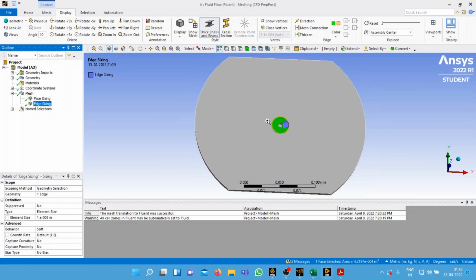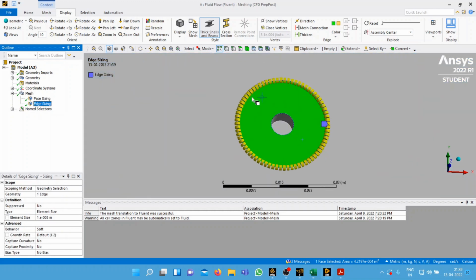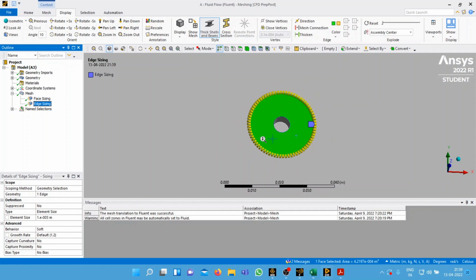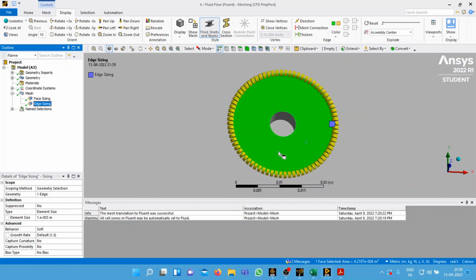After that I gave an edge sizing of 0.03 mm, and the growth rate is default. The small element size is given here because in this region the tool penetrates and rotates, due to which all the temperature variation and flow of the material is going to occur in this region.